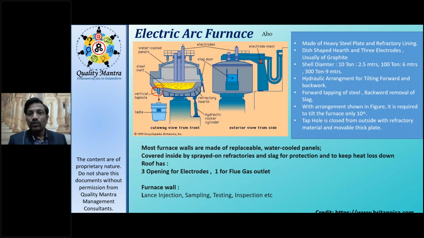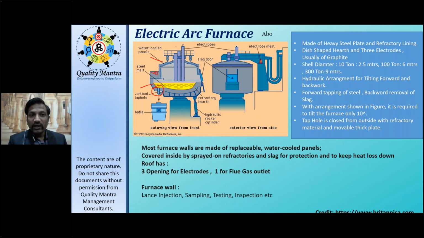If we talk about the shell and everything, it is made with heavy steel plate. This structure, in all electric furnaces, has the hearth at the bottom, then the side walls, and a top roof.